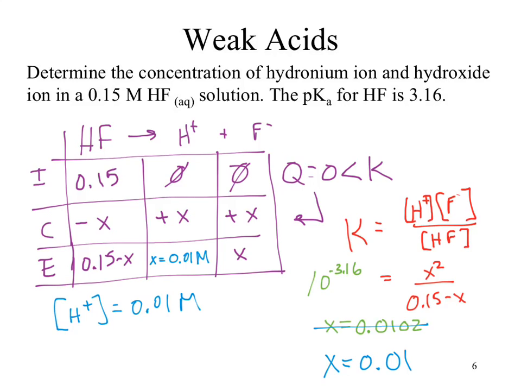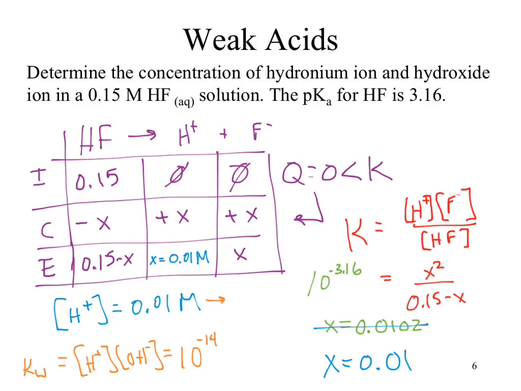Okay, so that's now our solved information. If we wanted the hydroxide, we could run off the equation you just suggested. H plus times OH minus equals the KW, which was 10 to the negative 14. We can now solve for the hydroxide. Okay? So that's one option. What's the other option?